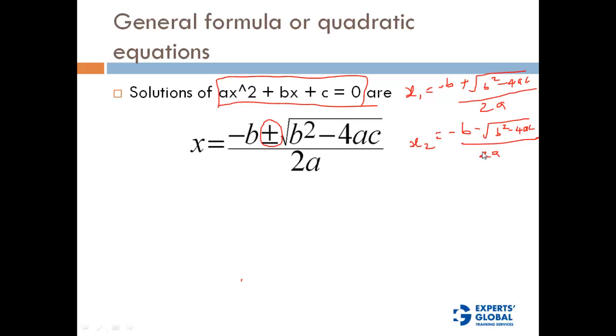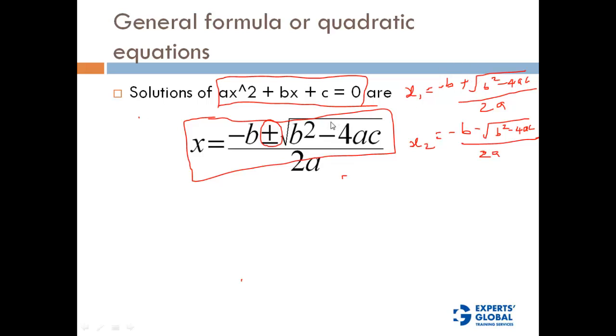Now this formula is one of the basic formulas, so you have to know this formula. Just spend some time remembering it, and you will see that some quadratic equations don't actually have 2 roots, right? They have only 1 root. The condition for that would be if the same root comes twice.